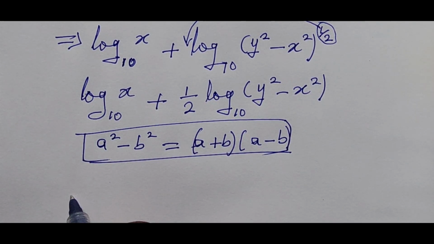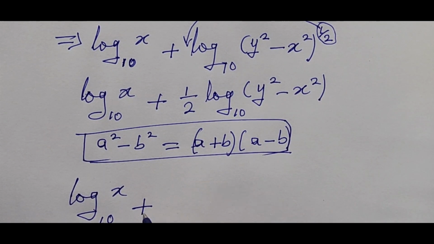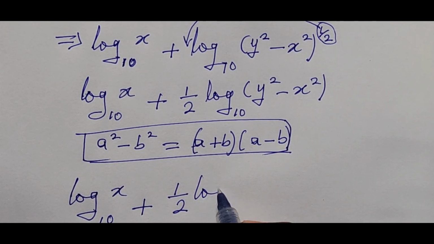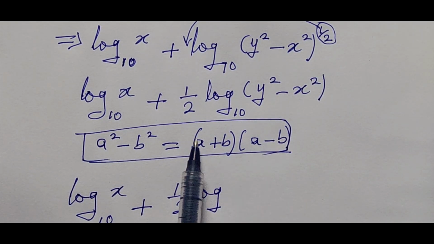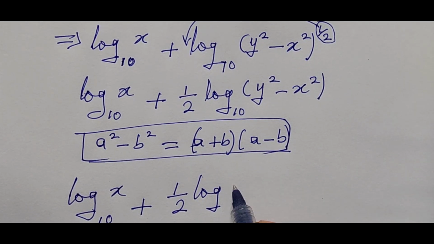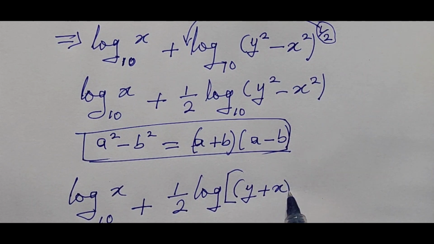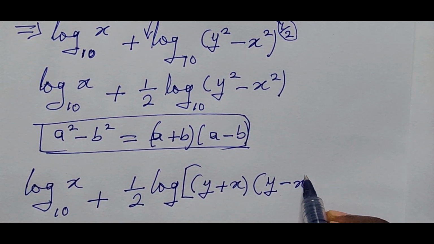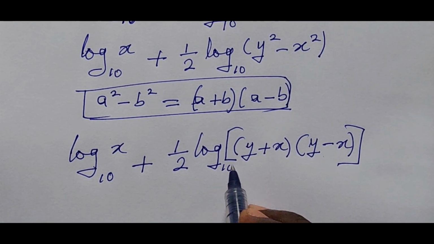So this gives us log x base 10 plus 1 over 2 times log of the square bracket (y plus x)(y minus x), base 10.